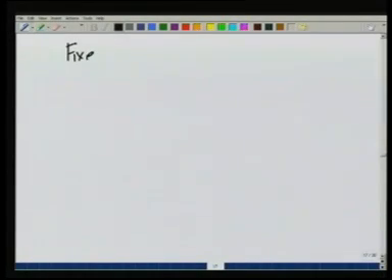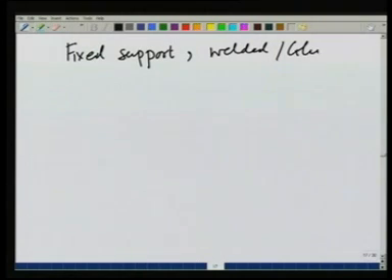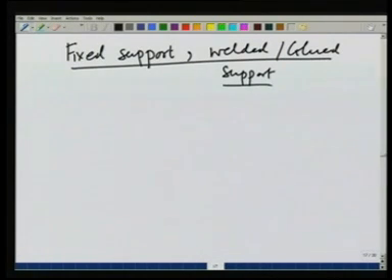Recall now that in 2 dimensions there was also a fixed support, or a welded or glued support. Let me just remind you what it was.